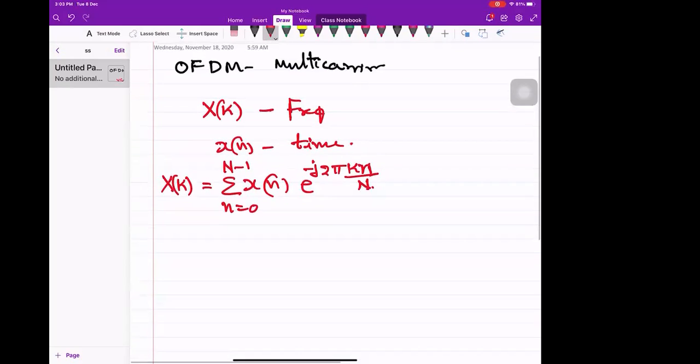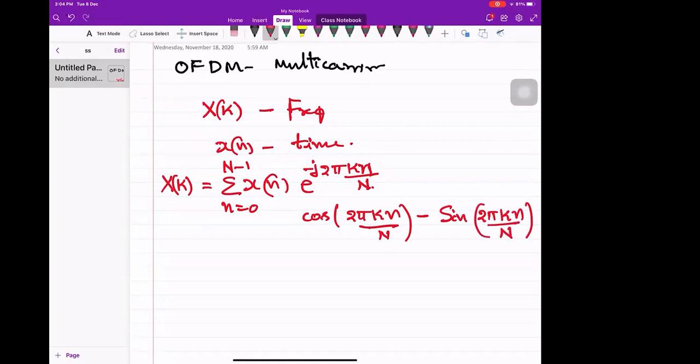Here I can open this as cos 2 pi k n by capital N minus j sine 2 pi k n by capital N, with the summation of n equal to 0 to N minus 1 of x of n. So these are the equations I am using.